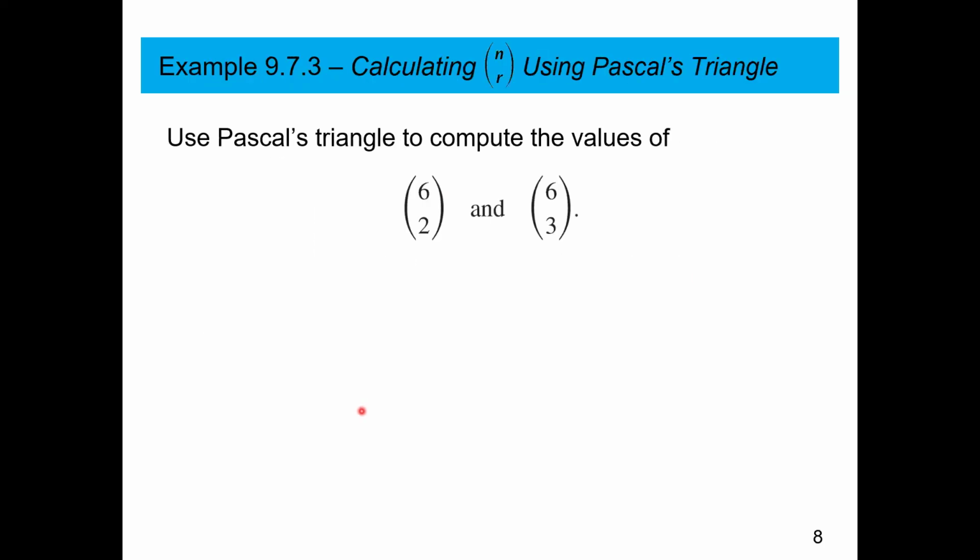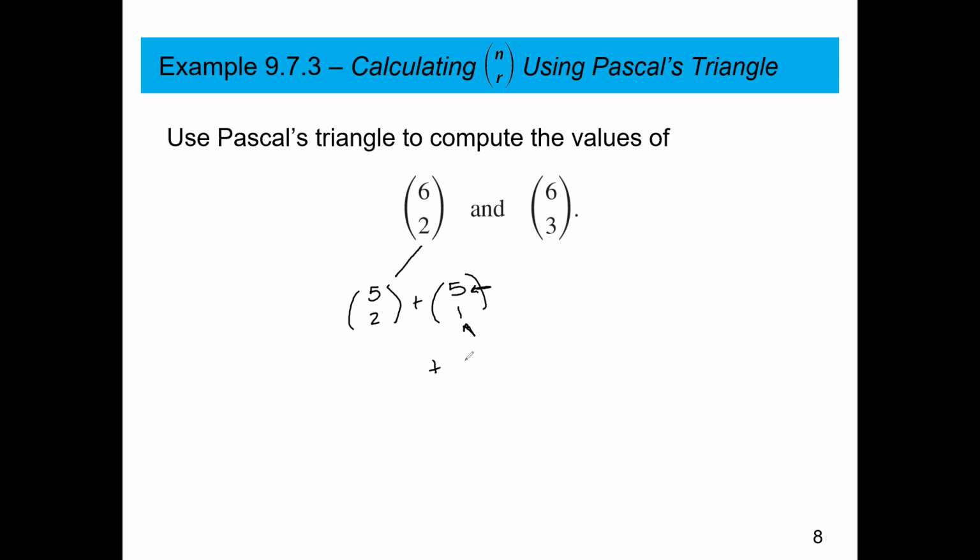So, Pascal's triangle, let's look at it real quickly. If I want to compute the value of 6 choose 3, well, this is going to be equal to 5 choose 2 plus 5 choose 1, because I'm making this number 1 less and this number 1 less.